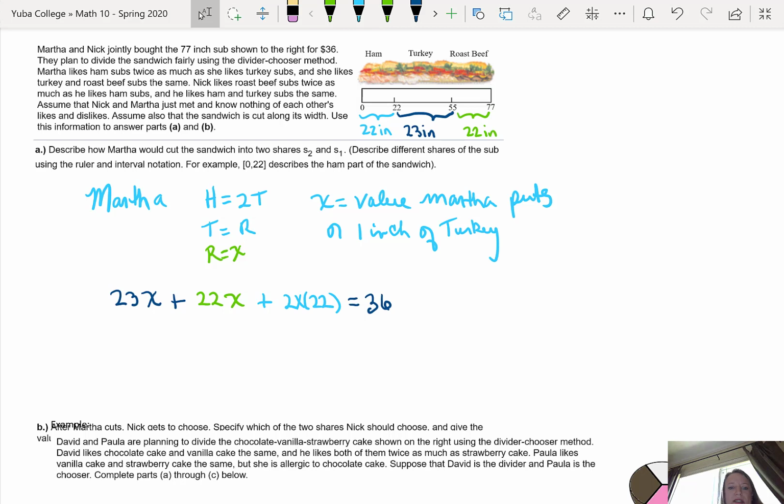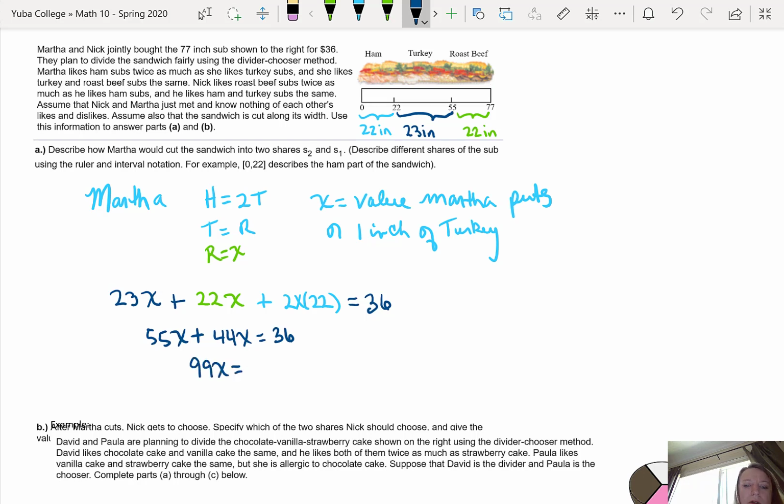I see 23x plus 22x, that's 45x, plus 2x times 22, which is 44x, is equal to 36. So 45x plus 44x gives me 99x, is equal to 36.